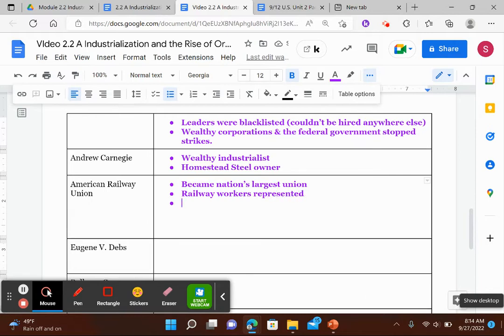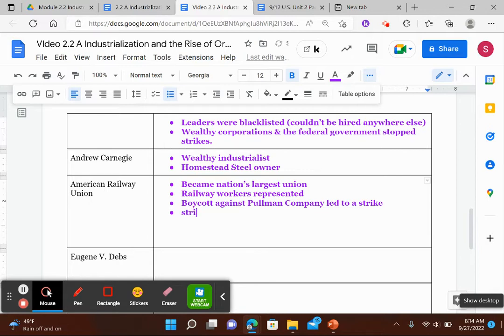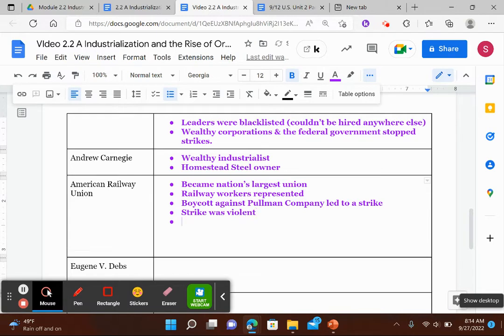A boycott against Pullman Company led to a strike. The strike was violent, and President Cleveland sent federal troops to break the strike.